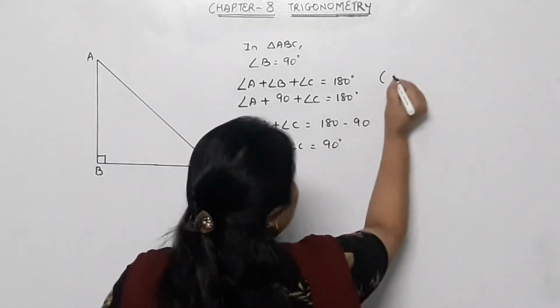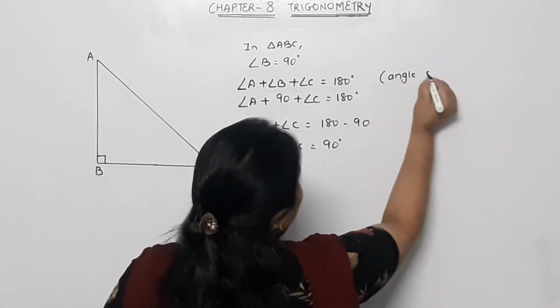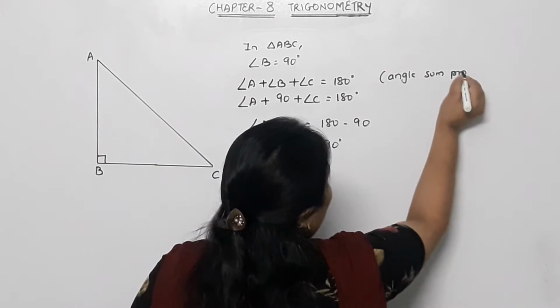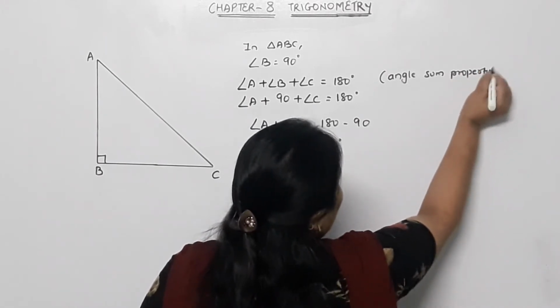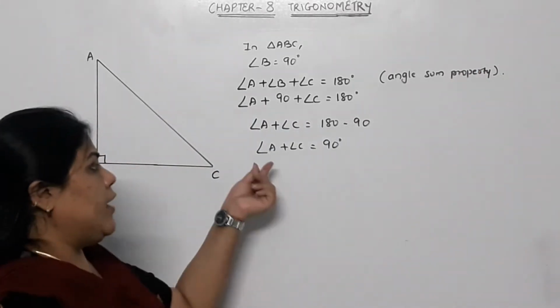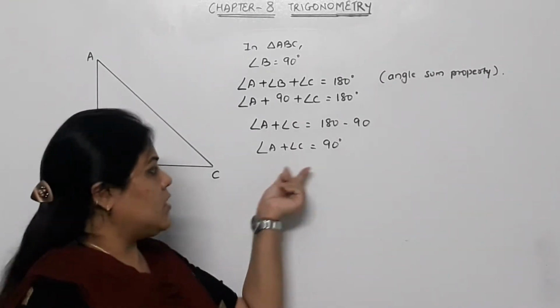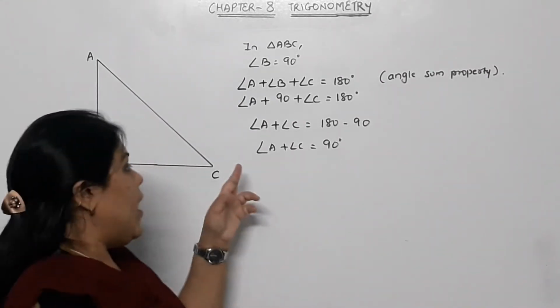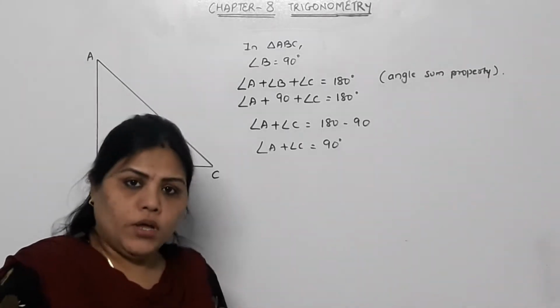This is the angle sum property, from which we are getting the sum of angle A and C as 90 degree. Means what? A and C are complementary to each other.